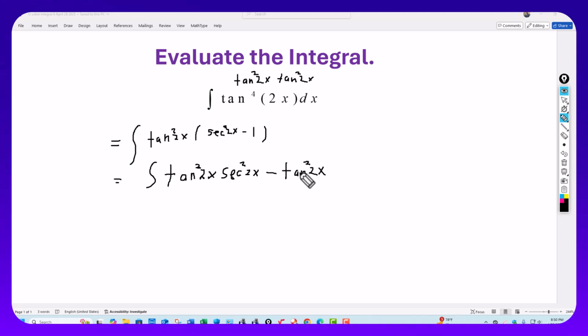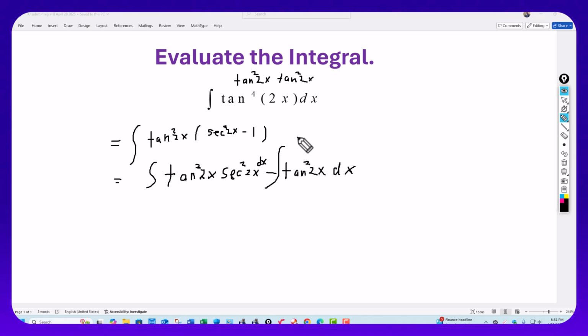And what I'll do is I'm going to break this up into two integrals. So this will be one integral here, tangent squared of 2x times secant squared of 2x, and then I'll have another one here, minus tangent squared of 2x dx. And I've got a dx here somewhere.